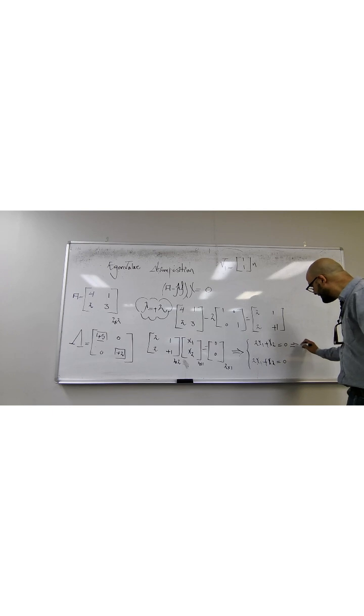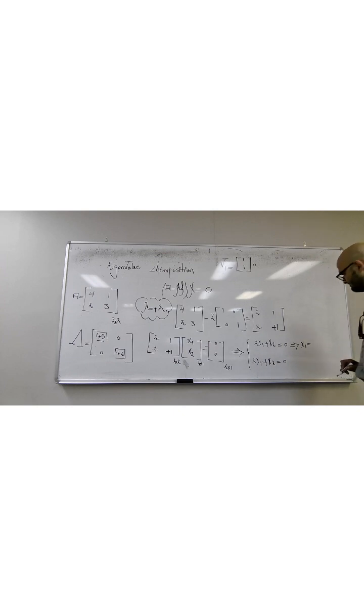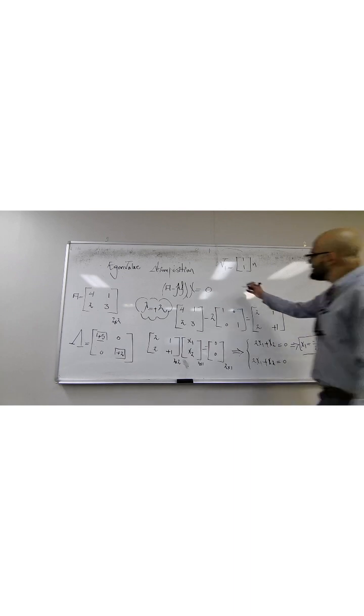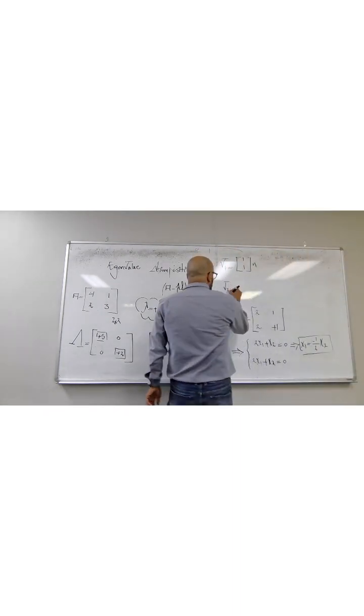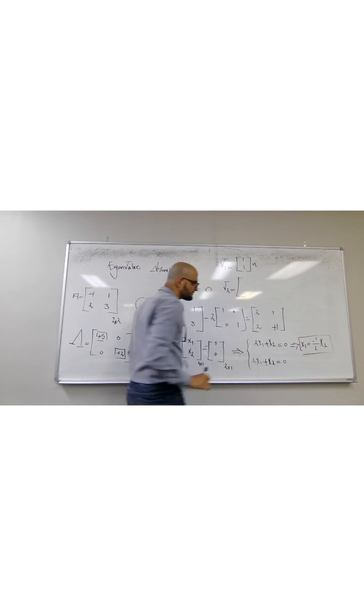I choose this one. Then you see that x1 equals minus 1 over 2 x2. This is what we get from there. You take the x2 to the other side, divide by 2, and you get this expression. Then the second eigenvector that we get is this.